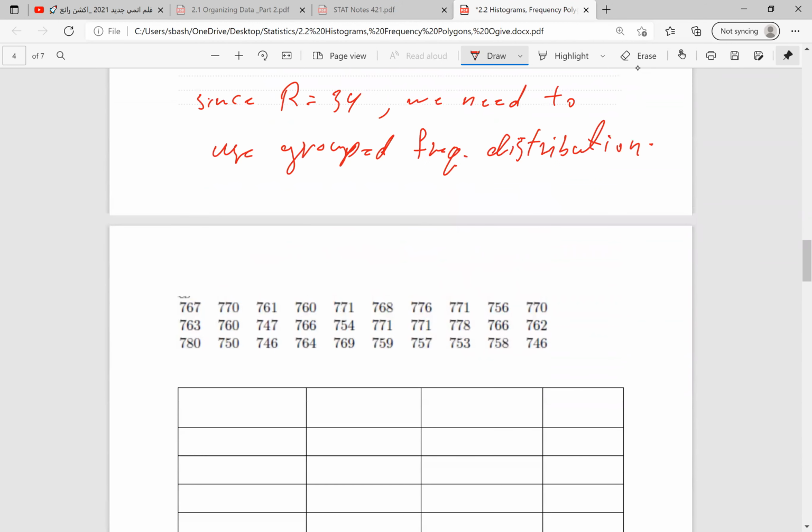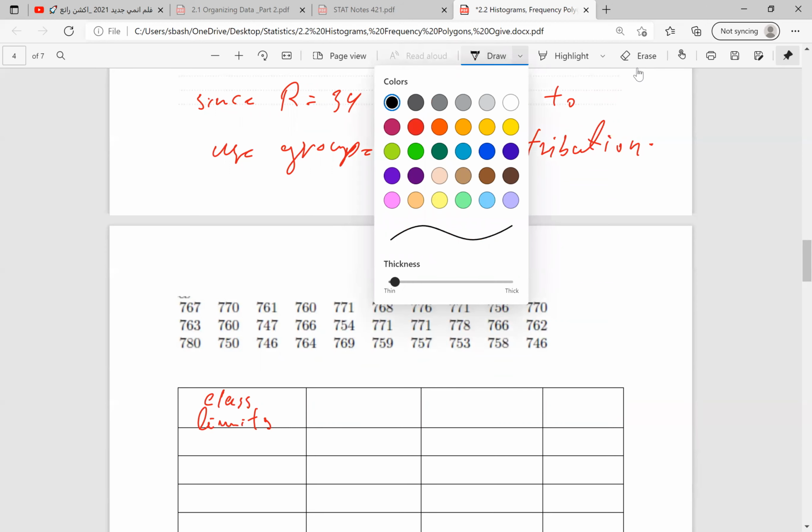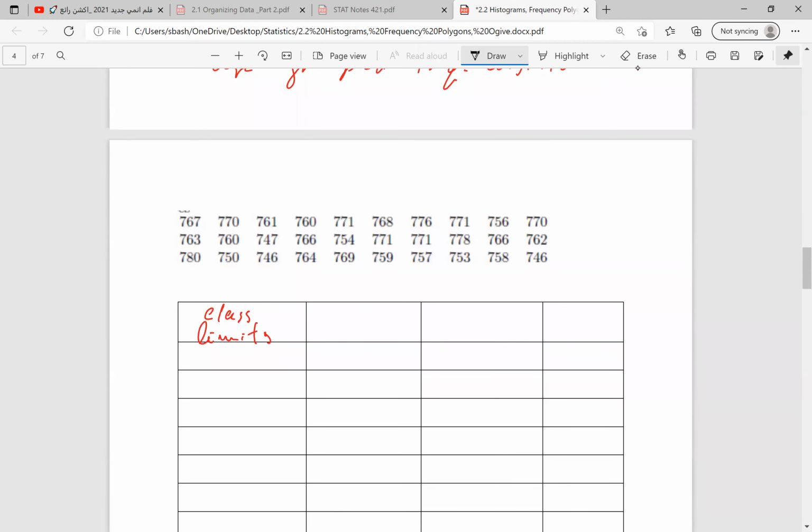First, we have the class limits. For the class limits, start with the lowest one, which is 746. Then add the class width.